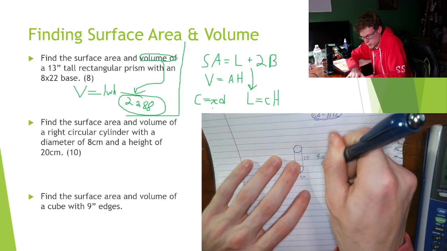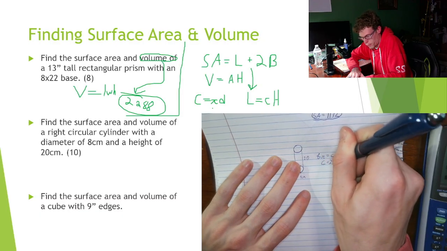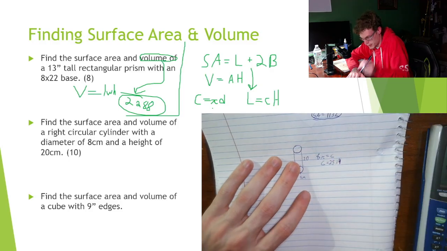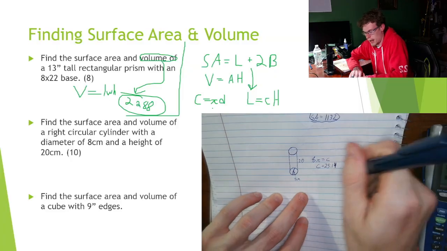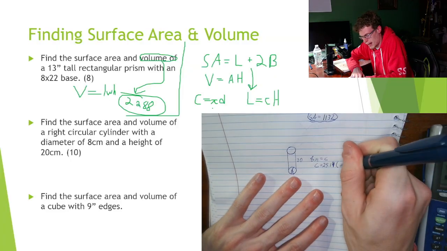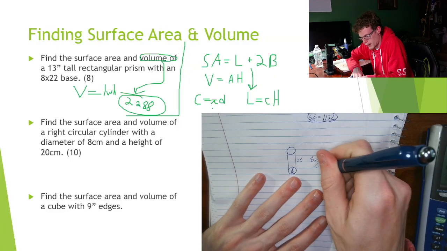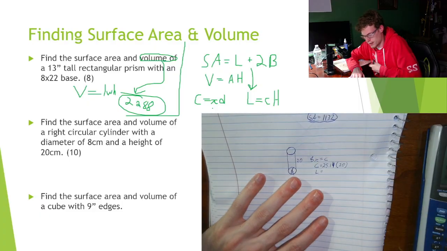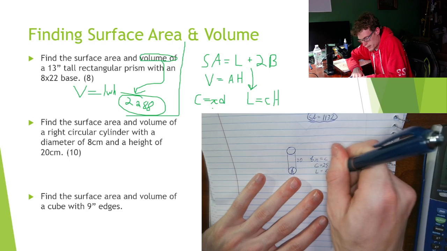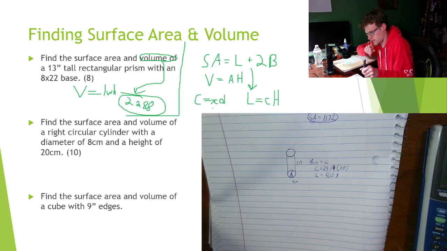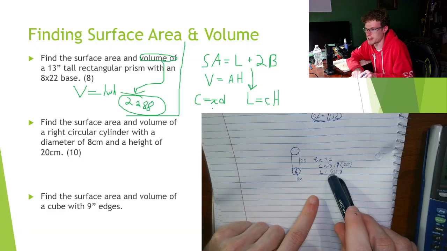Circumference equals 25.14. So that's our circumference. And to find the lateral surface area, multiply that by the height of 20. So that makes our lateral surface area equal to 502.8. That's our lateral surface area.